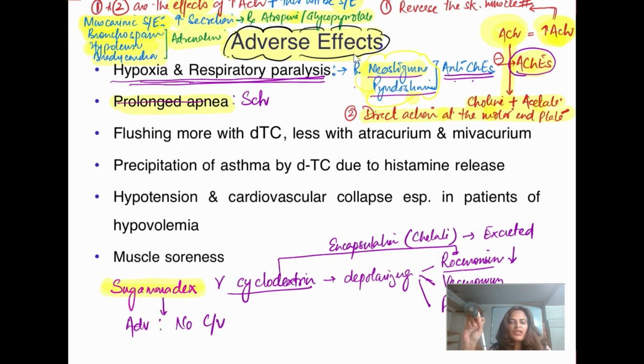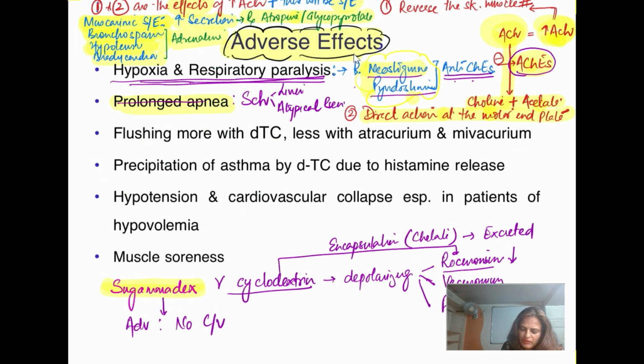It happens only if the person has liver disease, or if the person is born with an atypical pseudocholinesterase. Then the succinylcholine is not metabolized. It will stay for a longer time. Then this leads to prolonged apnea.